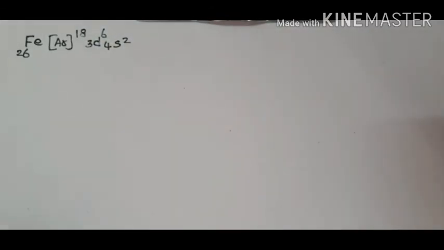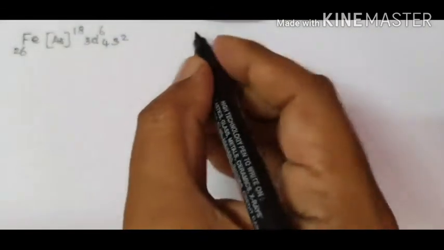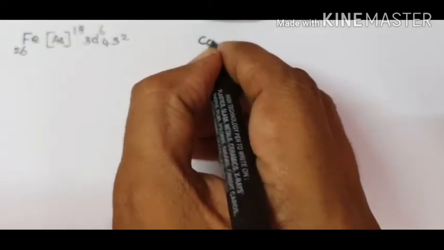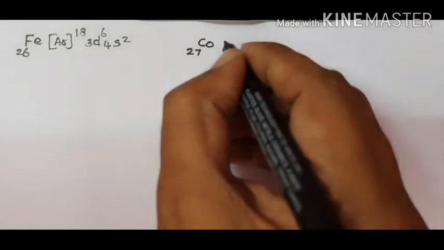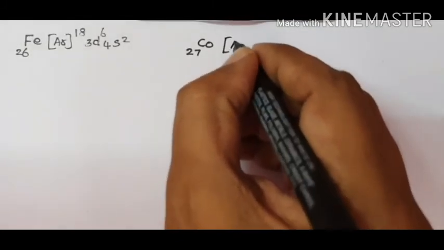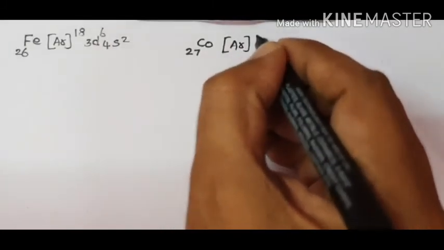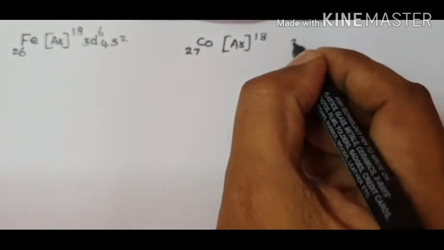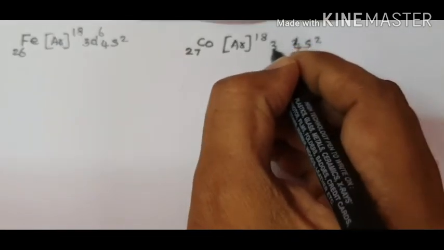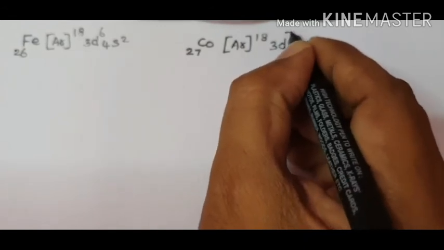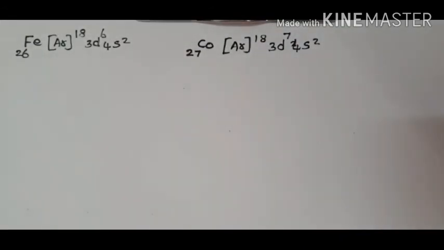This is the electronic configuration of Fe. Now, cobalt, atomic number 27. What is the electronic configuration? Argon 18, then the electrons enter the 4s level, 4s2, and the remaining 7 electrons are in the 3d level.